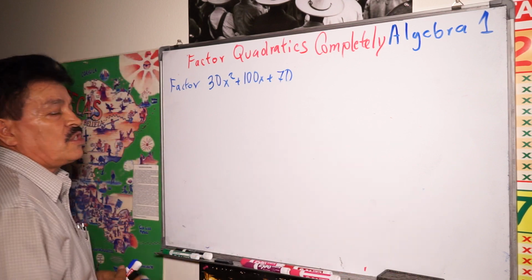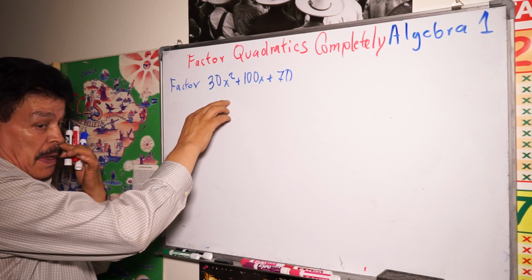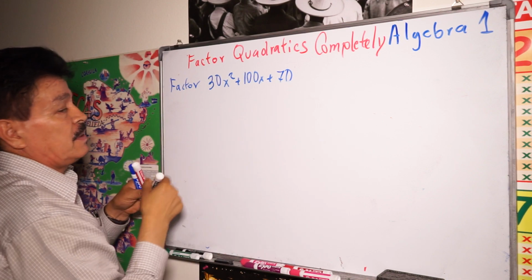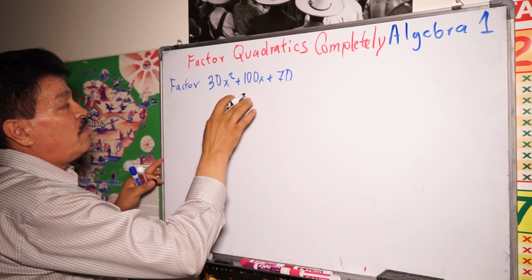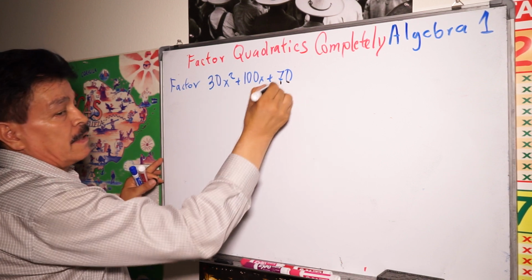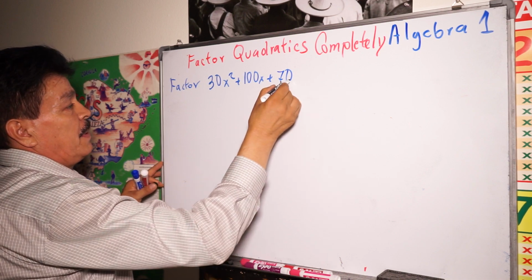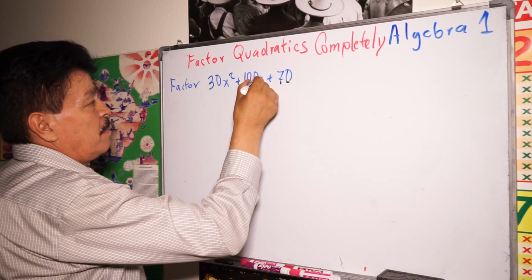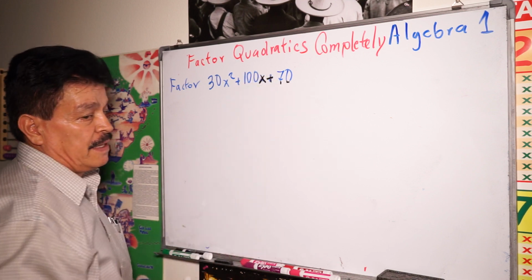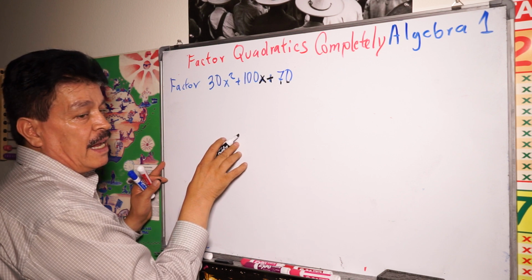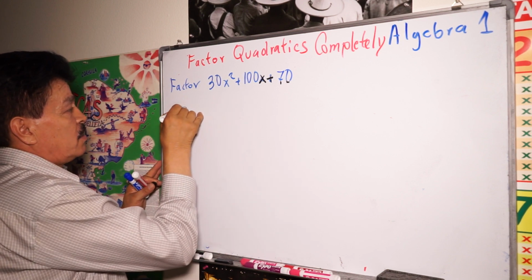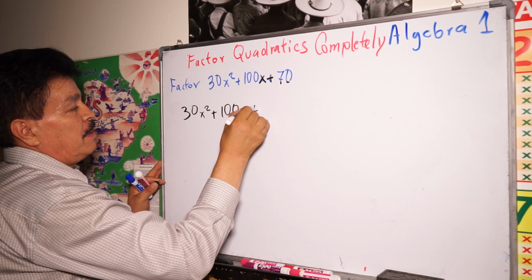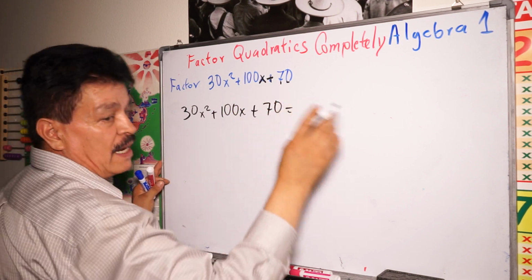First, factor out 10, the greatest common factor of 30x squared plus 100x plus 70.